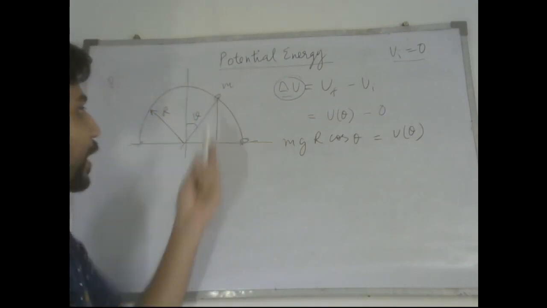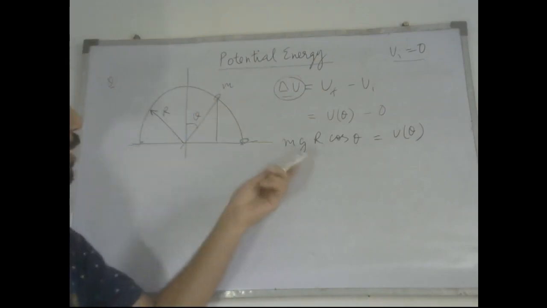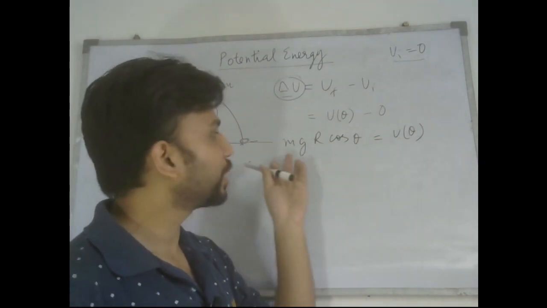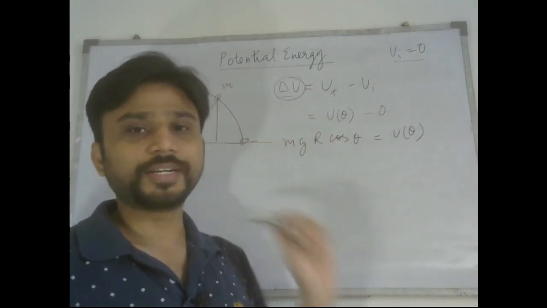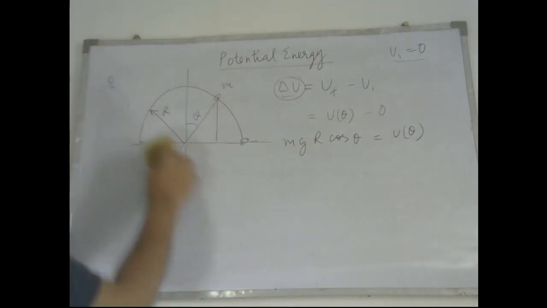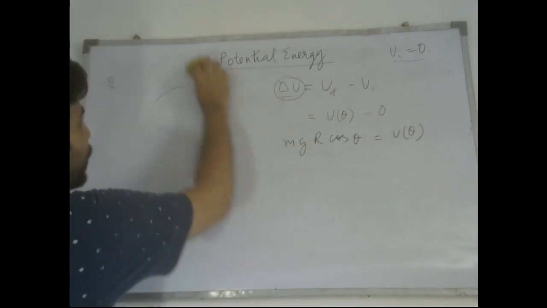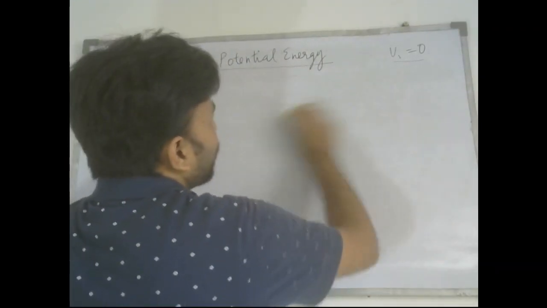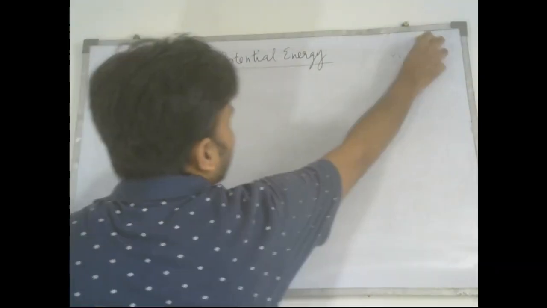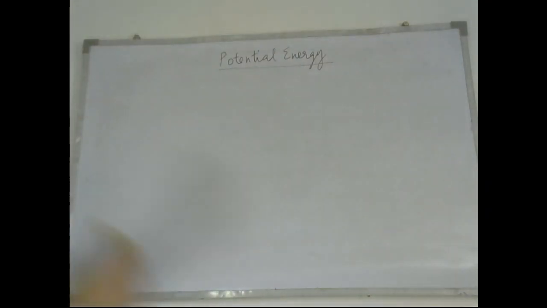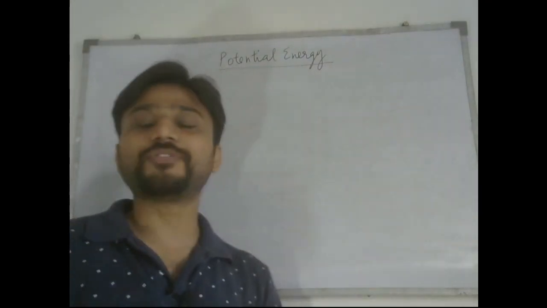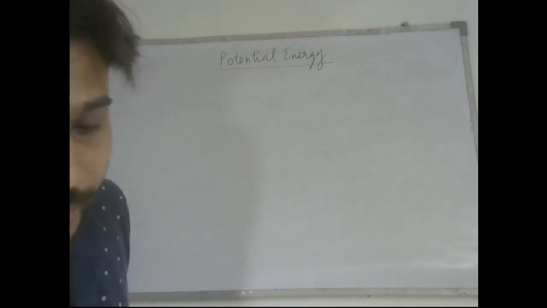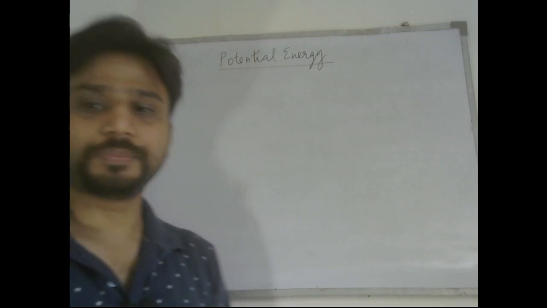We directly wrote the height r cos theta and multiplied with mg, the formula mgh. The second thing we learned is that there is no absolute value of potential energy. Everything is relative in terms of potential energy. We cannot say that potential energy has some value at a particular point without saying where we have assumed the reference, or the zero, to be.